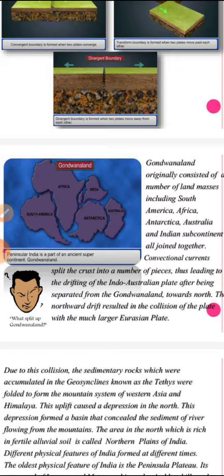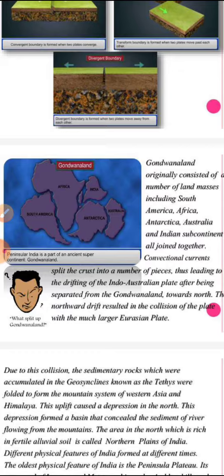It was named Pangaea by Wegener, and this Pangaea broke into a number of pieces as tectonic plates.